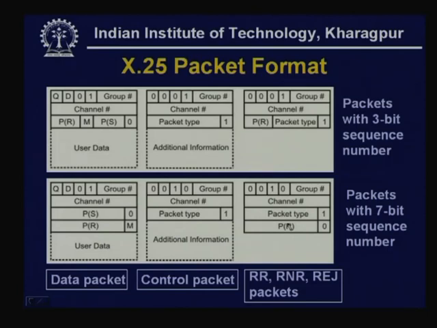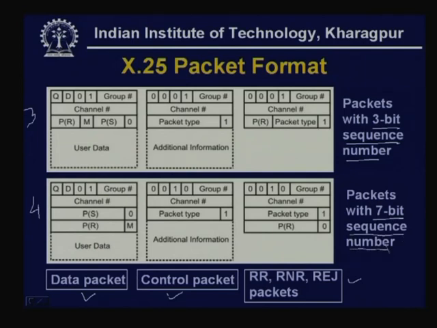Here you see the packets are divided into three different types: data packet, control packet, and RR, RNR, REJ packets. As you can see here, the data packet comprises either a 3-byte header or a 4-byte header, and that depends on whether we are using a 3-bit sequence number or a 7-bit sequence number.